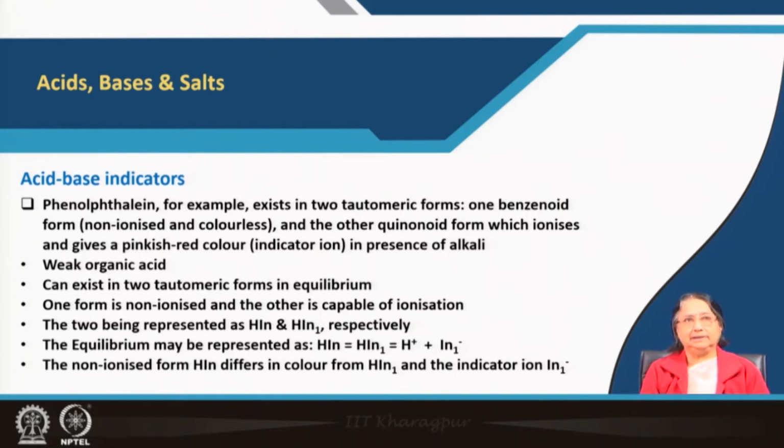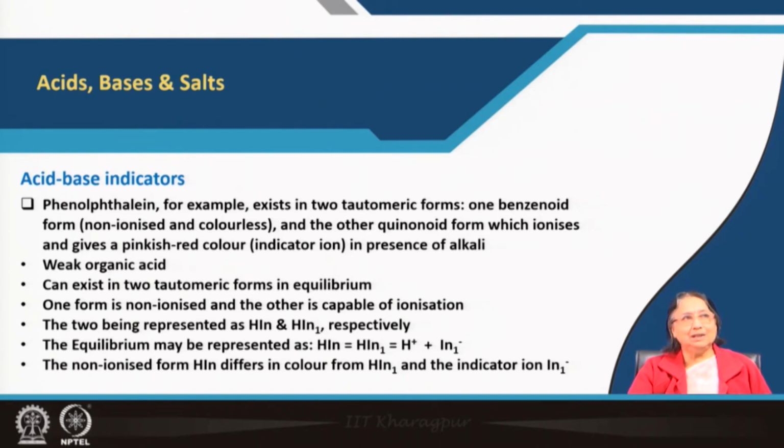use for other purposes. Now, because we are talking about acids, bases and salts, I will tell you about the acid base indicators. We all know two indicators. One is the phenolphthalein indicator and another is the methyl orange indicator.